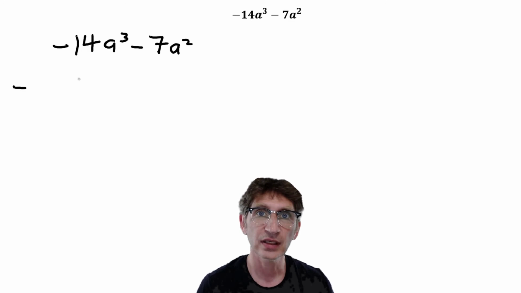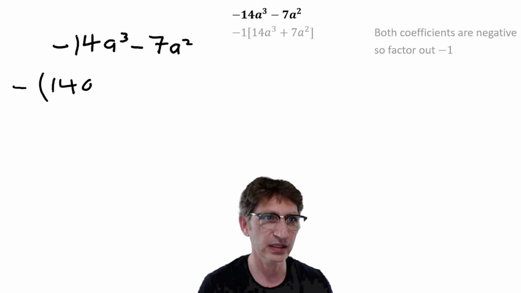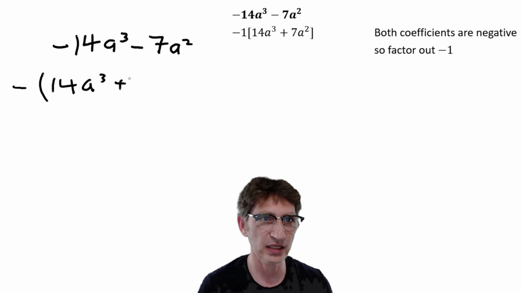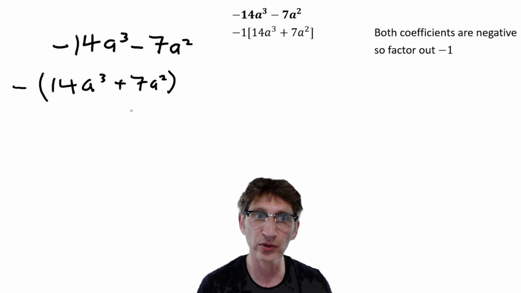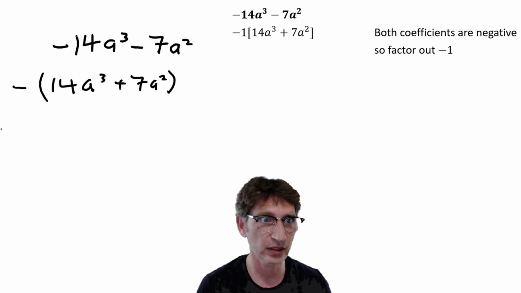Now if I pull out the negative, I'd really have this expression, flipping the signs of everything in those parentheses. Now it might be a little bit easier. I don't have to think about the negative anymore.